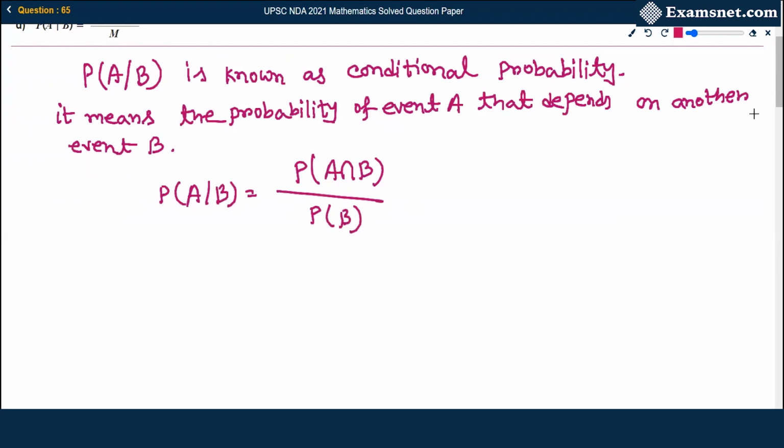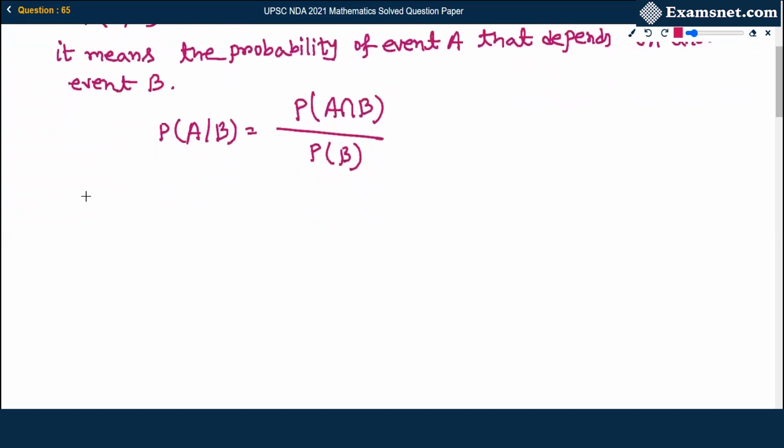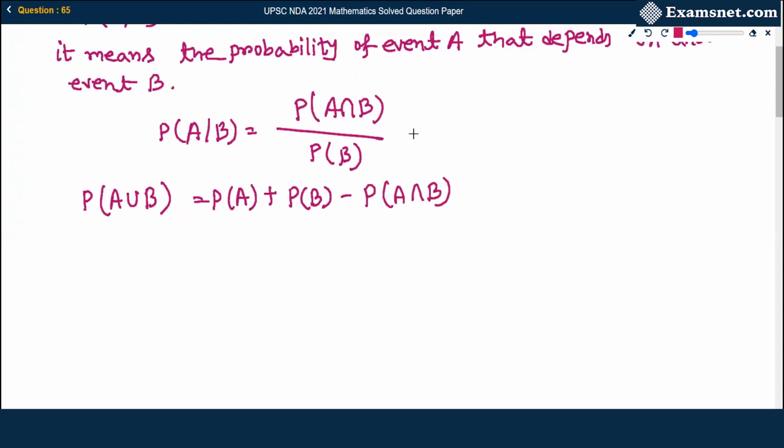Now one more formula I would like to introduce here that would be useful in order to solve this question. That is the probability of A union B, so probability of A plus probability of B minus probability of A intersection B. Okay.